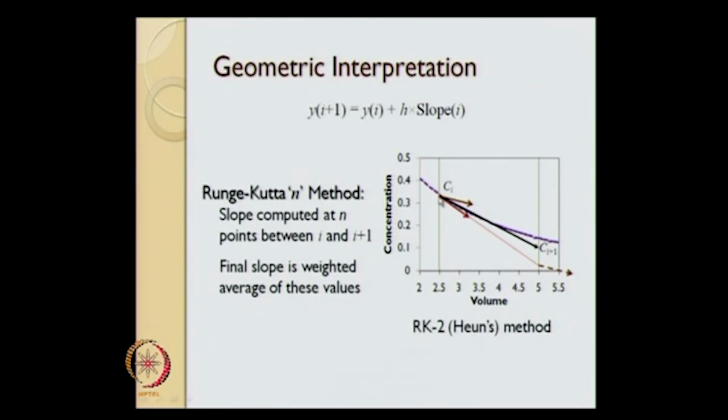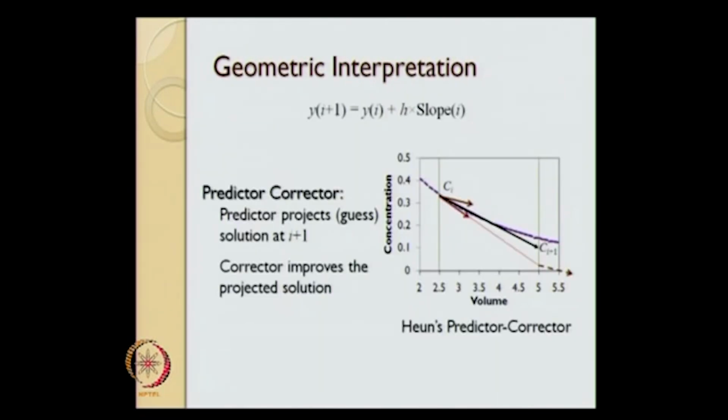Heun's method computes the slope at t_i, and computes the slope at the projected value of C_i+1 at t_i+1, not the actual value of C_i+1 at t_i+1. The predictor corrector method again does similar things, but in an iterative way. What we do is, this red arrow is nothing but the predicted value C_i+1.